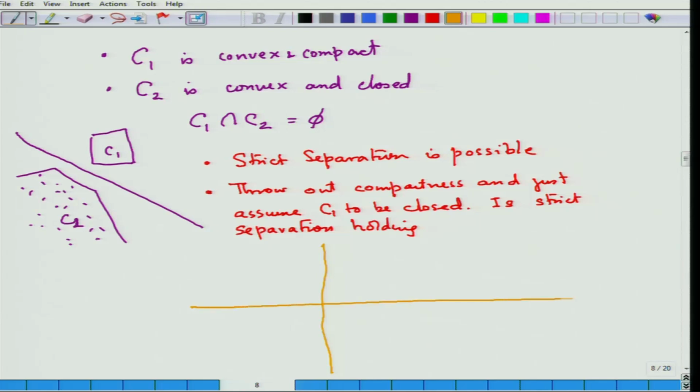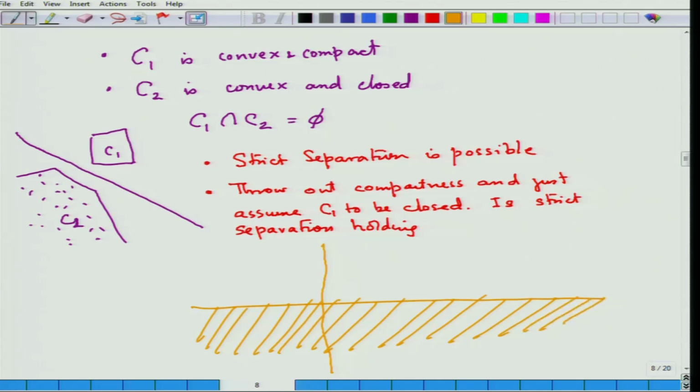Take the x axis and y axis. Take this plane, this half space along with this line x axis. Consider this to be C2.